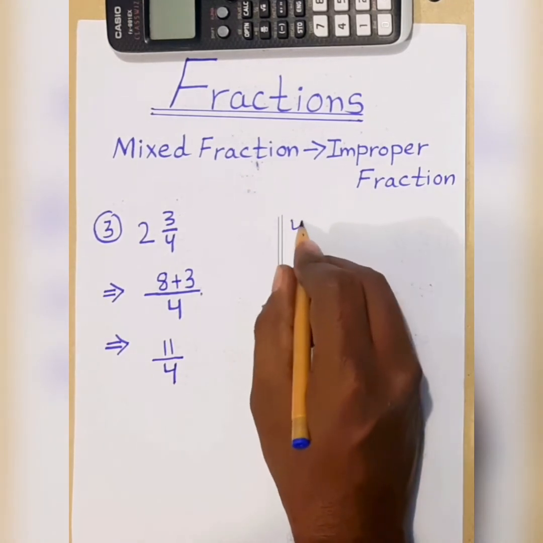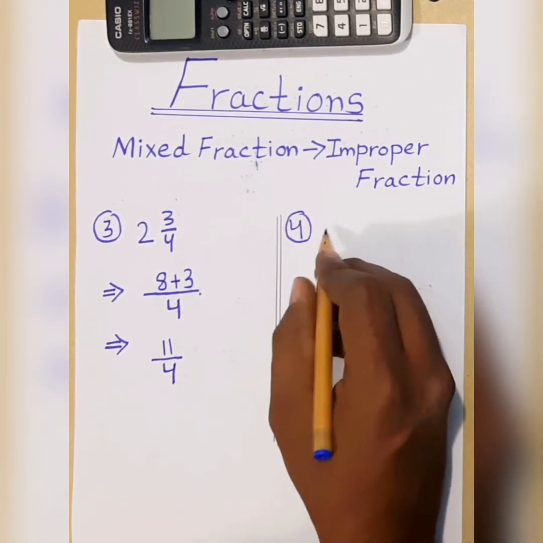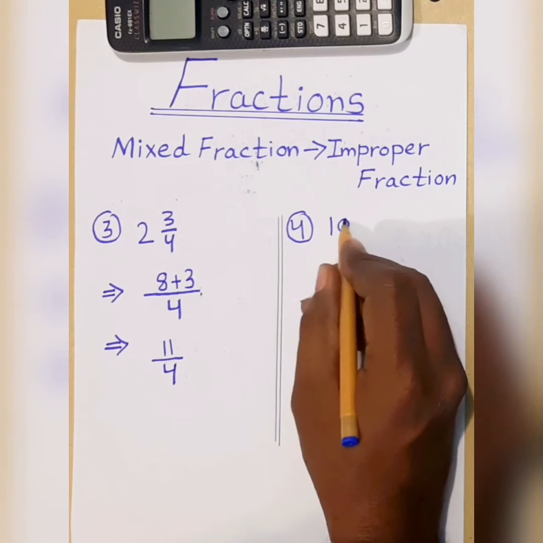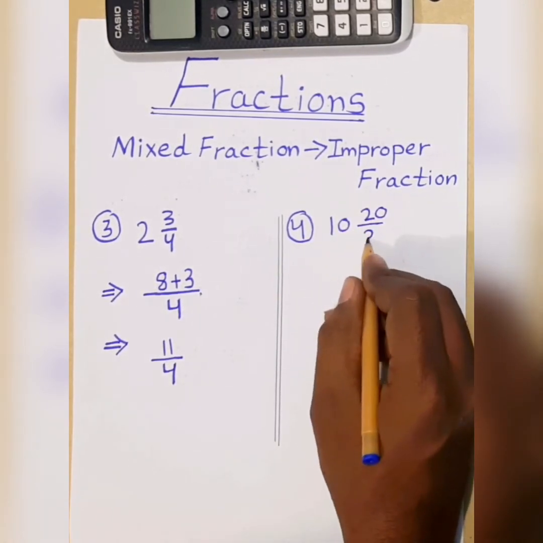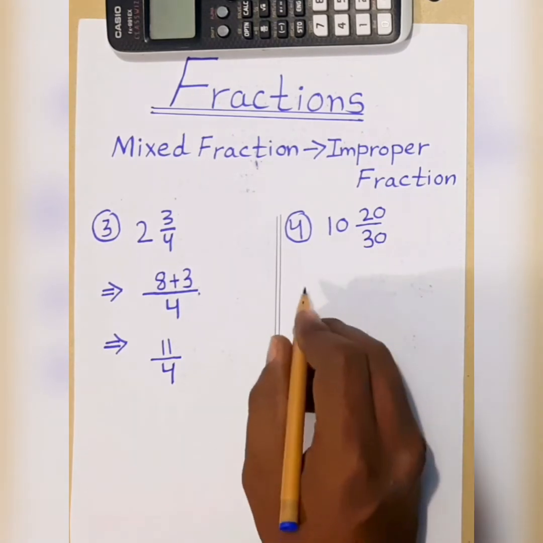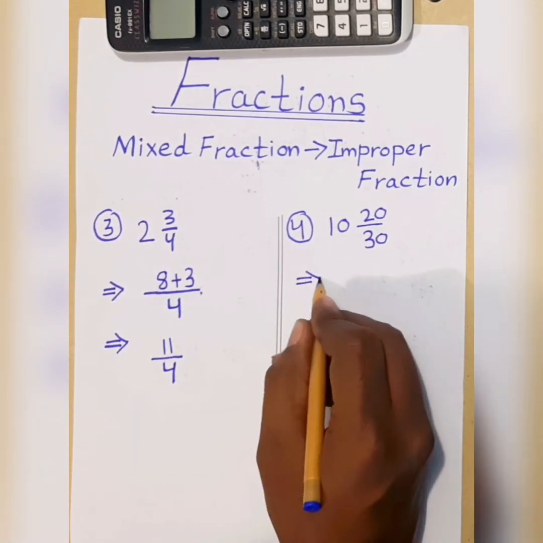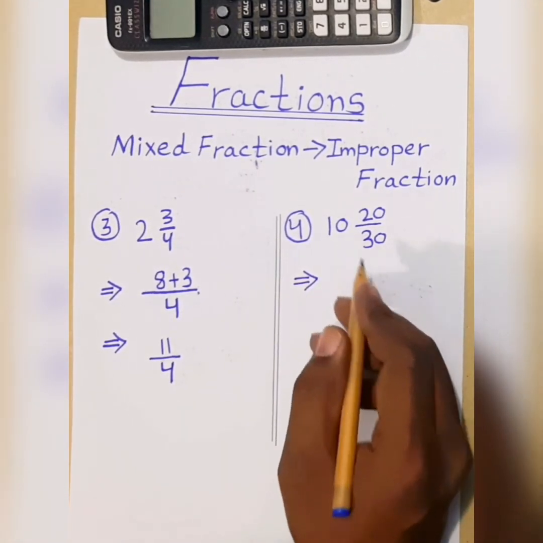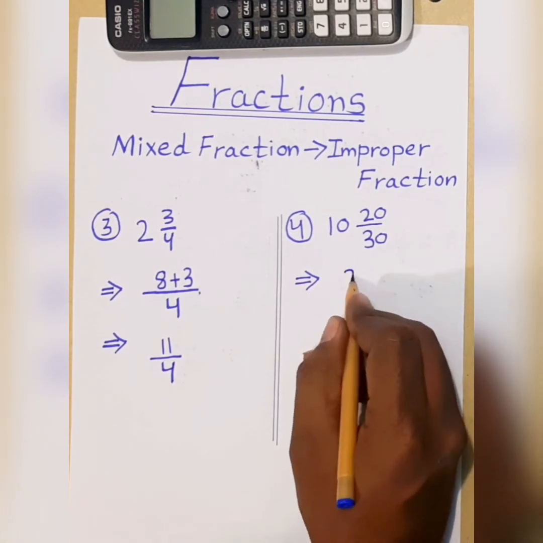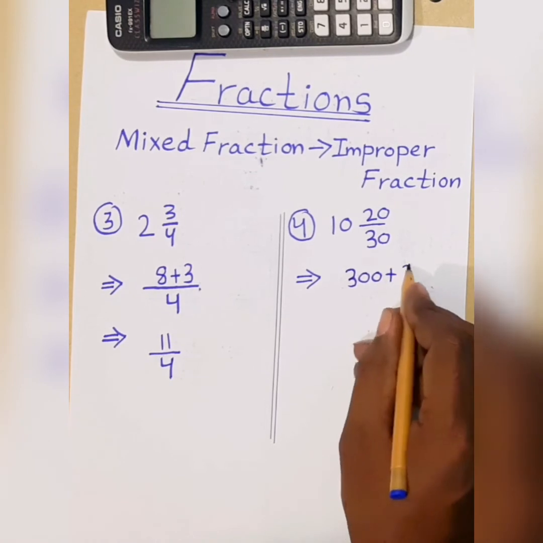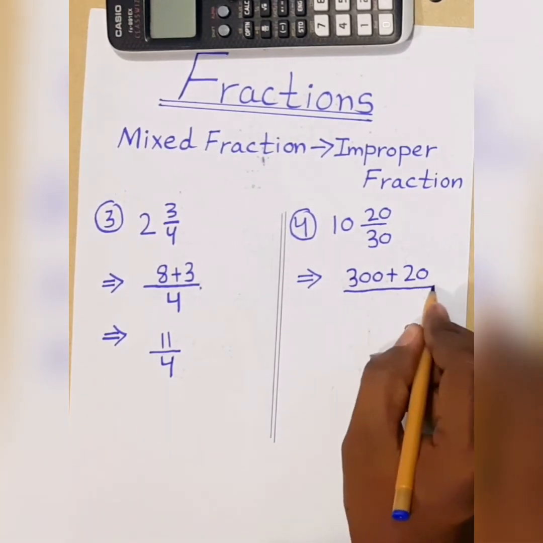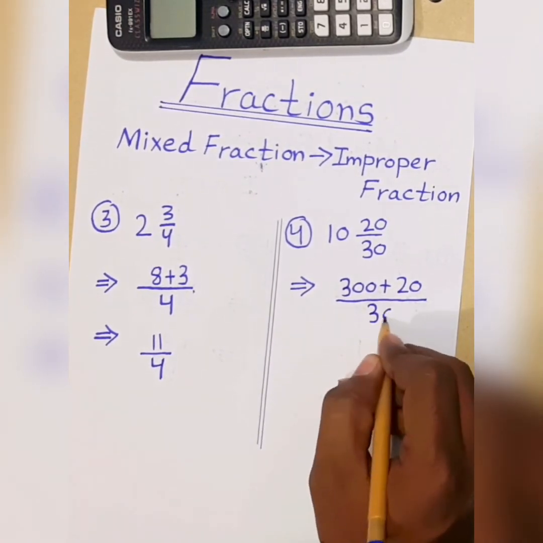When we talk about the fourth part, we are taking our big numbers 10, 20 and 30. So it will be a little bit difficult for you but not for me. 30 tens are 300. So we put 300 here plus 20 here, and it should be divided by 30.